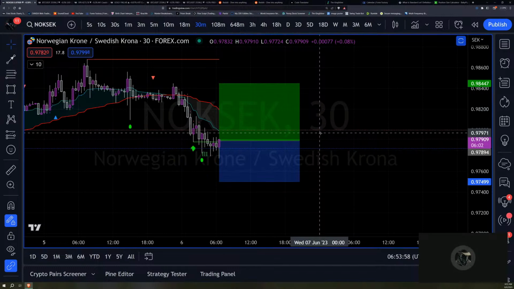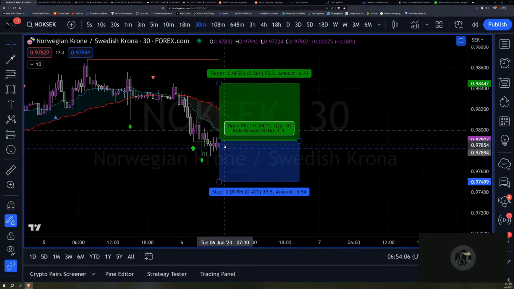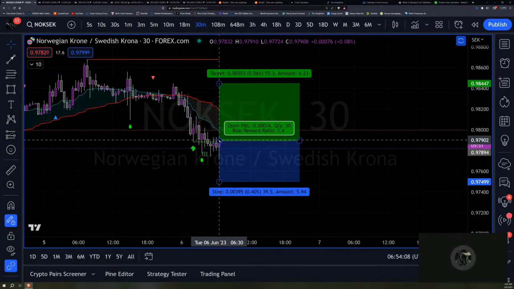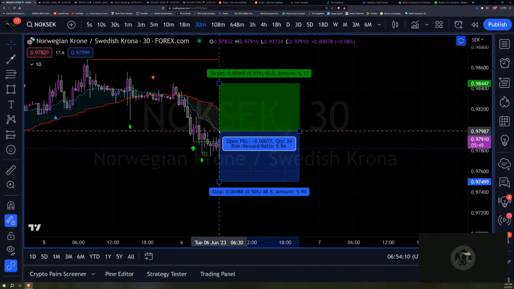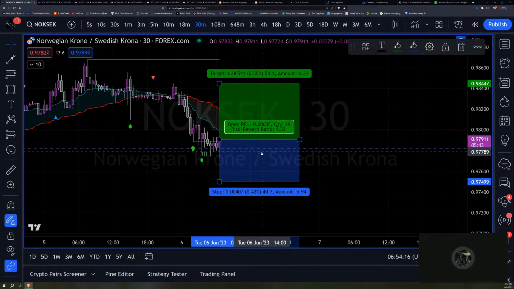That top of the spread has to come down to this area to meet that price. So unless you market order, you won't get into this. But if you market order, your 1.4 risk to reward is instantly going to change to a 0.9 because you go to the top of the spread. That's something to understand about spreads and illiquid pairs.